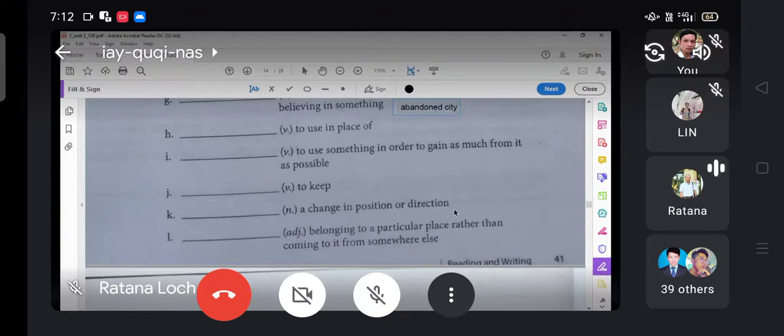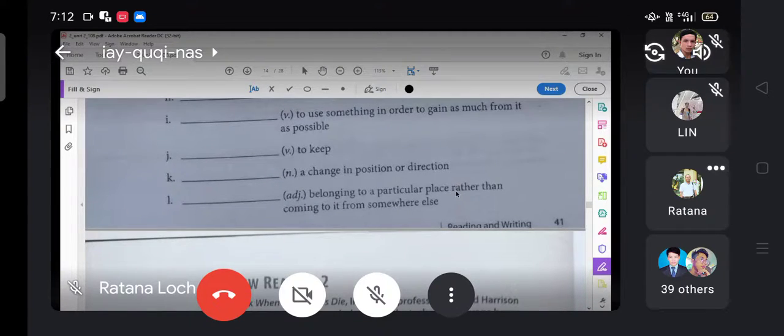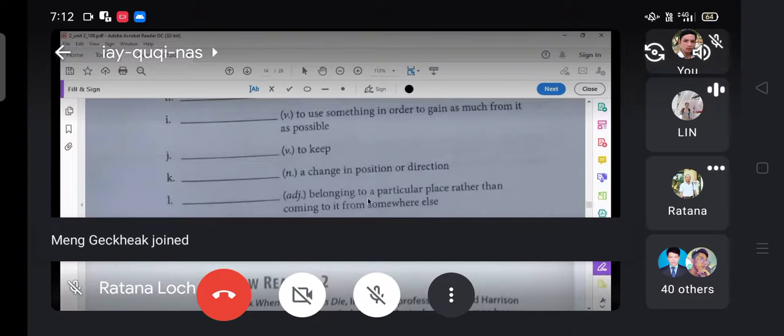Okay, J, to keep is the one, right? Retain, teacher. Retain, right? Okay, K, a change in position or direction. Shift.